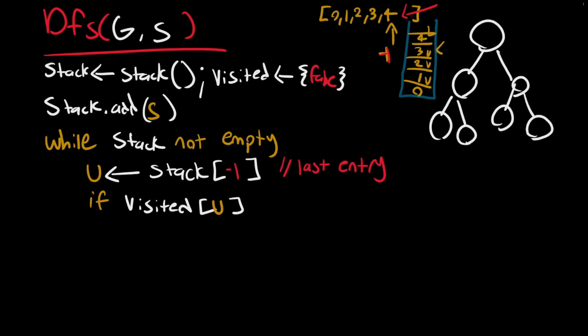If we're looking at the stack and we say, oh, this u has already been visited, we want to take that off the stack. We don't really care about this. We don't want to evaluate this anymore. So let's just say stack.pop. That's when we actually say, oh, goodbye, we don't really care about you. You pop it off the stack. So now let's continue. Let's say else.